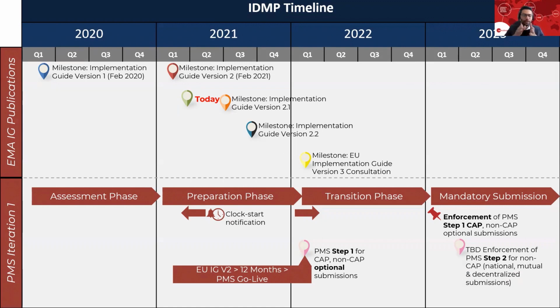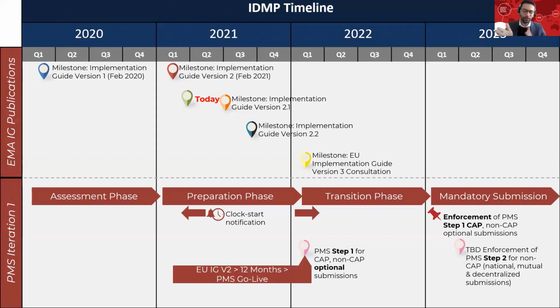Now, enforcement of the non-CAP submissions will not happen until the structured EF is in place in support of the national competent authorities' assessments. Whereas with the CAP, there would be a transition period from the release of version 2, which is at least 12 months.